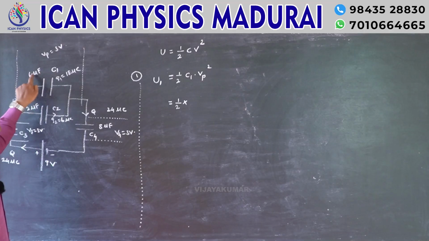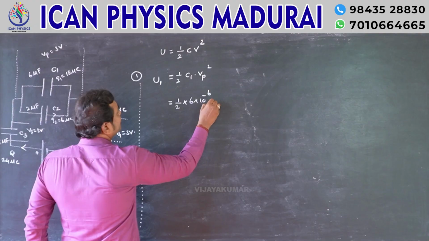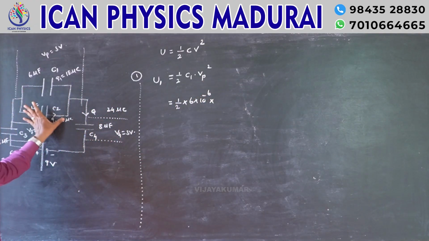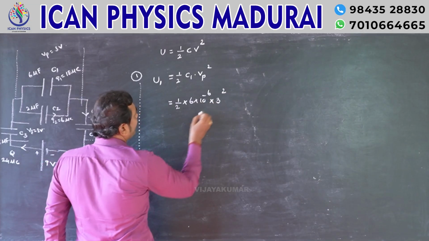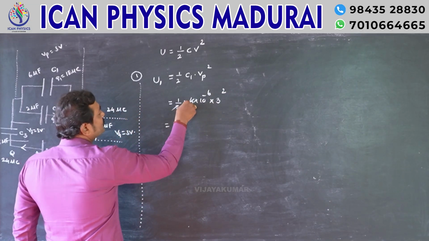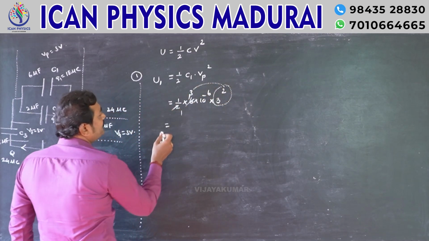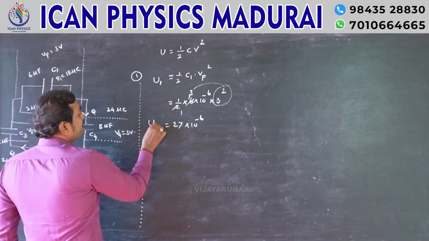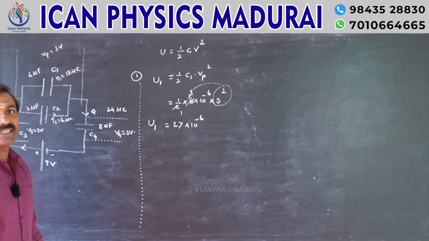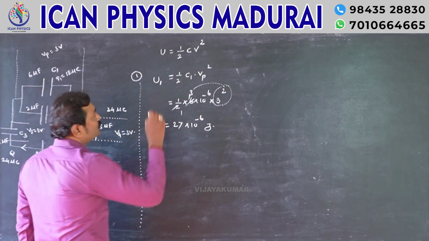What is the value of C1? It is 6 microfarad, so 6 into 10 to the power minus 6. What is the potential drop across that one? 3. So 3 squared. So 1 2 is 2, 3 2s are 6, 3 3s are 9, 9 3s are 27 into 10 to the power minus 6 is the electrostatic potential energy, or energy stored in the first capacitor. The unit is joule.